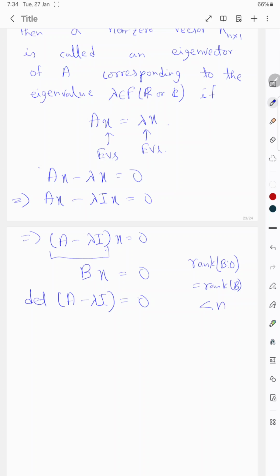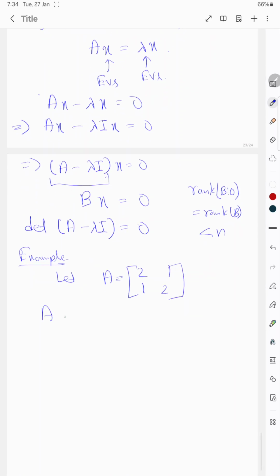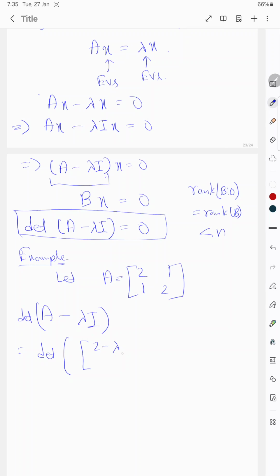Let's try one problem. Example: let A equal to the matrix 2 1, 1 2. To find the eigenvalue, we have to use this relation. So determinant of A minus lambda I: in the diagonal position you write minus lambda along with A, so the matrix is 2 minus lambda, 1, 1, 2 minus lambda.